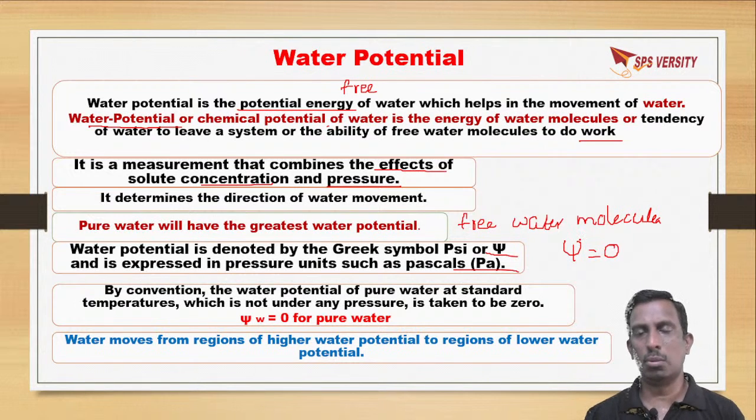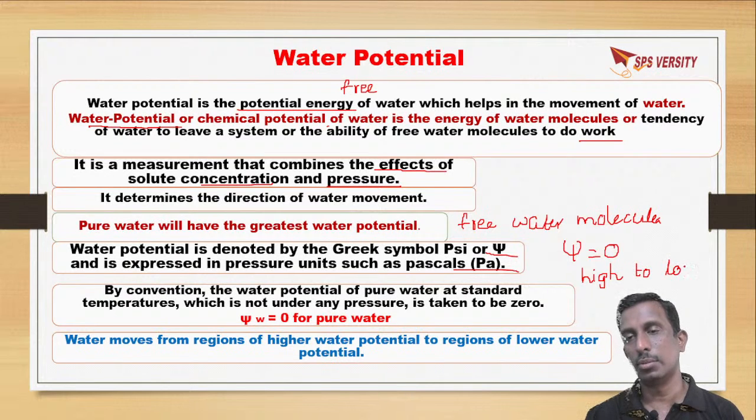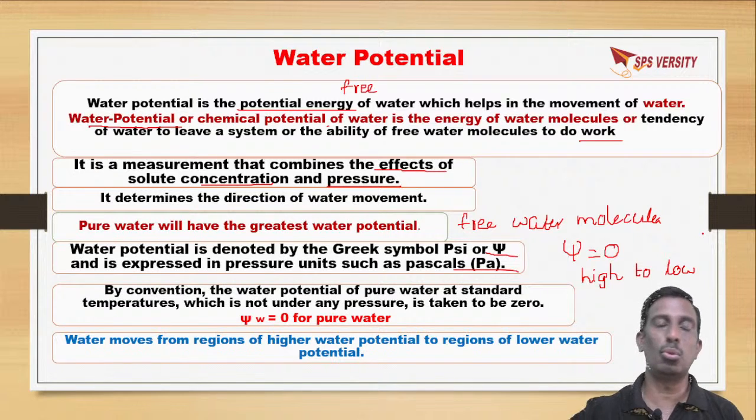So water will always move from high water potential to low water potential. Downhill, it will move from high to low water potential.